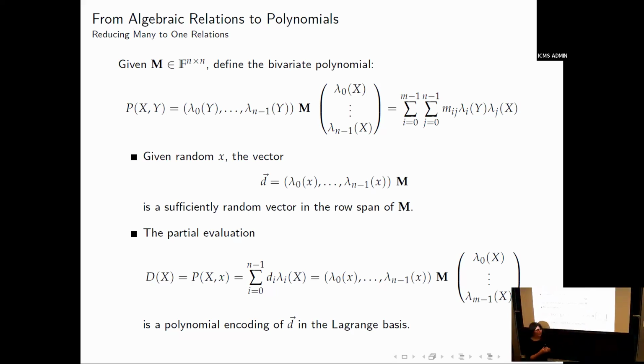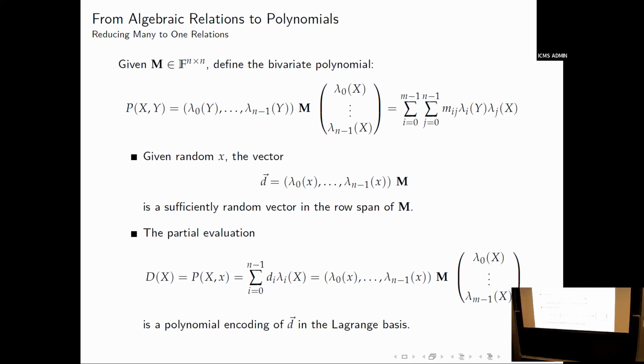So the problem that I want to solve, which is to prove that a certain vector is sufficiently random and in the row space of the matrix, becomes a problem of really showing that some polynomial has the right shape.